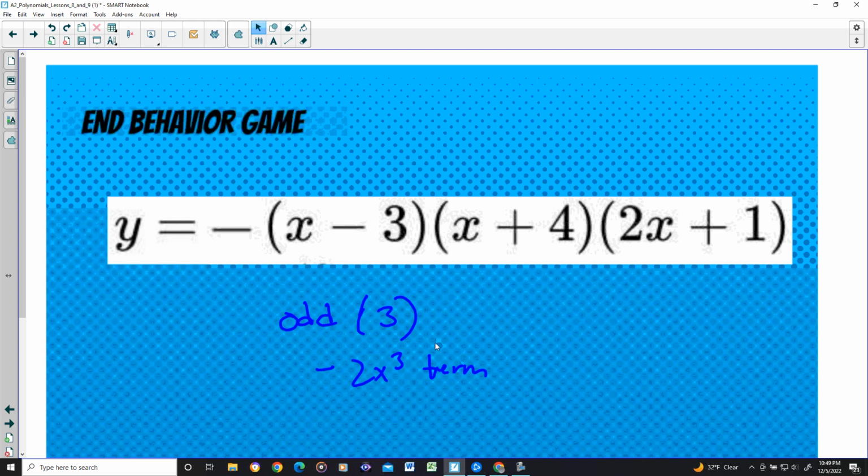So this is the one where the hands are going to point in different directions because it's odd, but it's going to have the left hand up and the right hand down because the function is going to look something like this. So therefore, your hands will go like that.